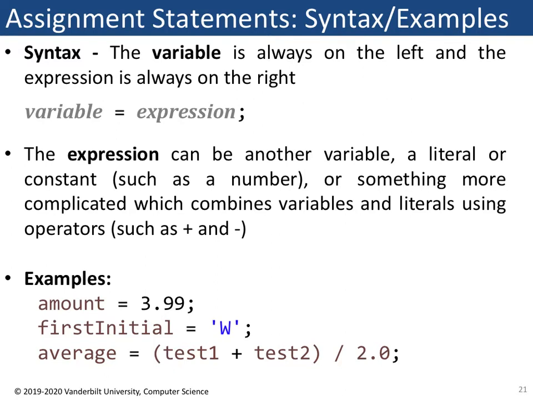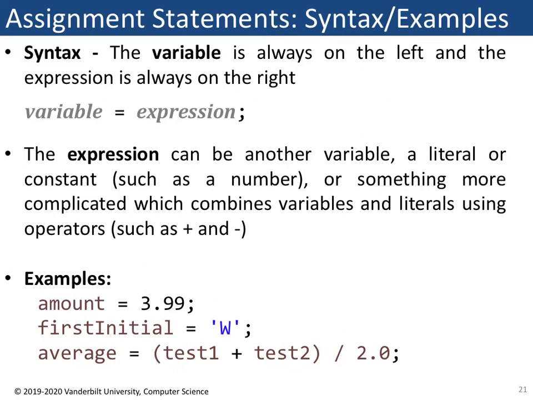In the next example, we have a variable called first initial, and it is being assigned the literal character W, uppercase W. And then in the bottom example, we have a variable named average being assigned the expression quantity test1 plus test2 divided by 2.0. So in this case, our expression will calculate the average of two test scores and then store the result in the variable average.